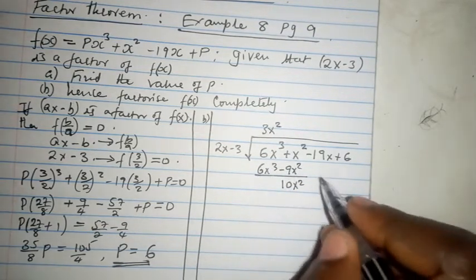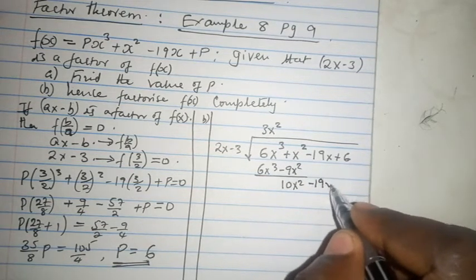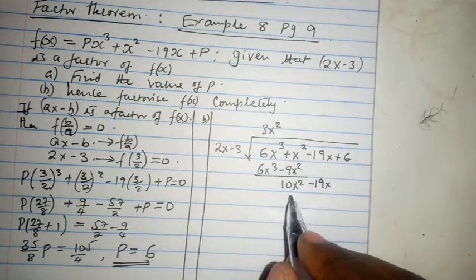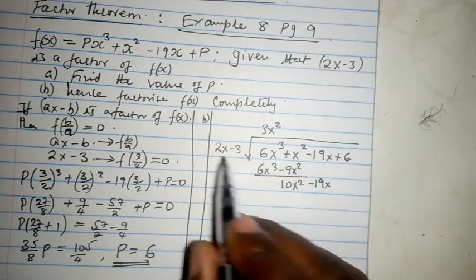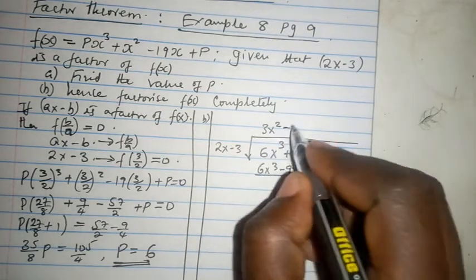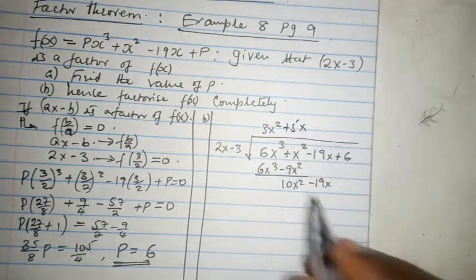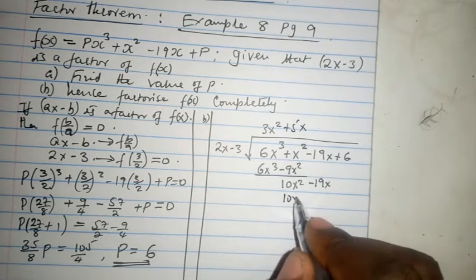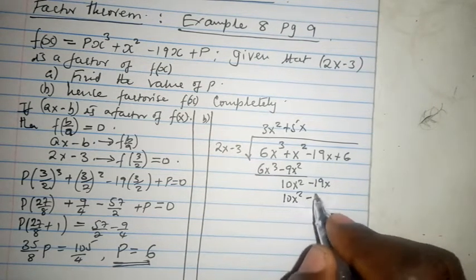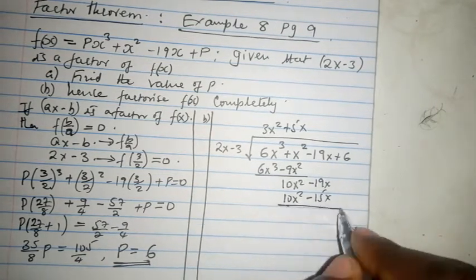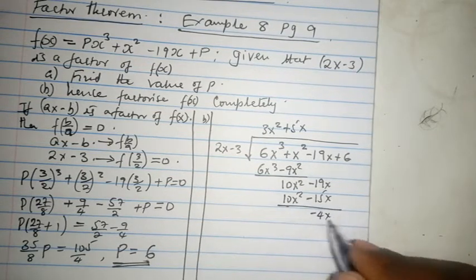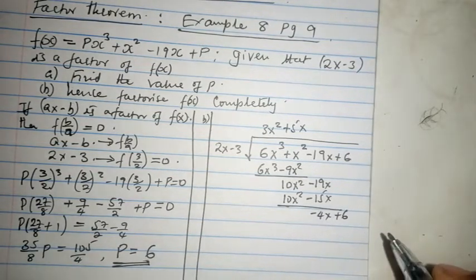When you subtract, you drop the minus 19x. Again, 10x squared divided by 2x is plus 5x. Multiply again: 10x squared minus 15x. This gives minus 4x plus 6.